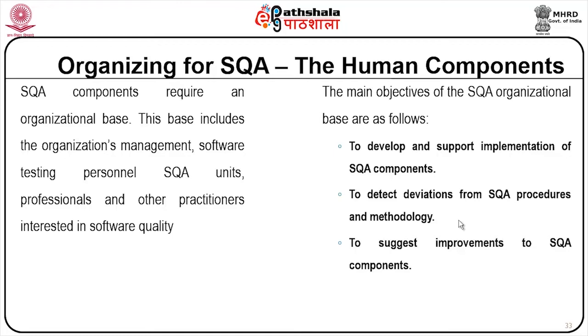The main objectives of the software quality assurance organizational base are to develop and support implementation of software quality assurance components, to detect deviations from software quality assurance procedures and methodology, to suggest improvements to software quality assurance components.